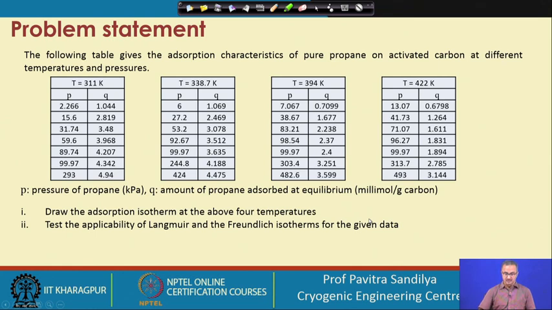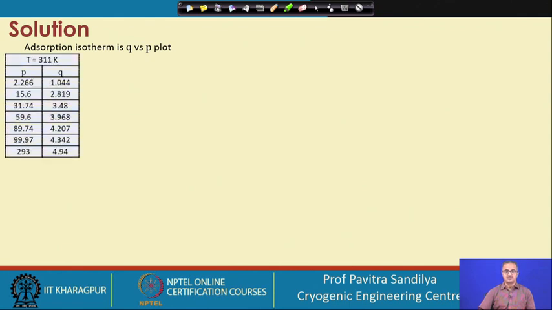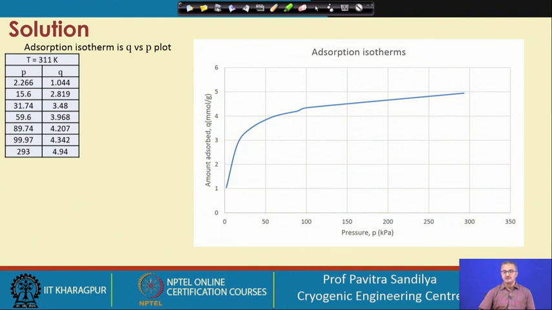So, in this case first we shall look into the adsorption isotherm by plotting the adsorbate loading versus the pressure. First we shall talk about the temperature of 311 K. On the x axis we are plotting the pressure, and you have to choose the scale appropriately, and on the y axis we are plotting the adsorbate loading in terms of millimole per gram.